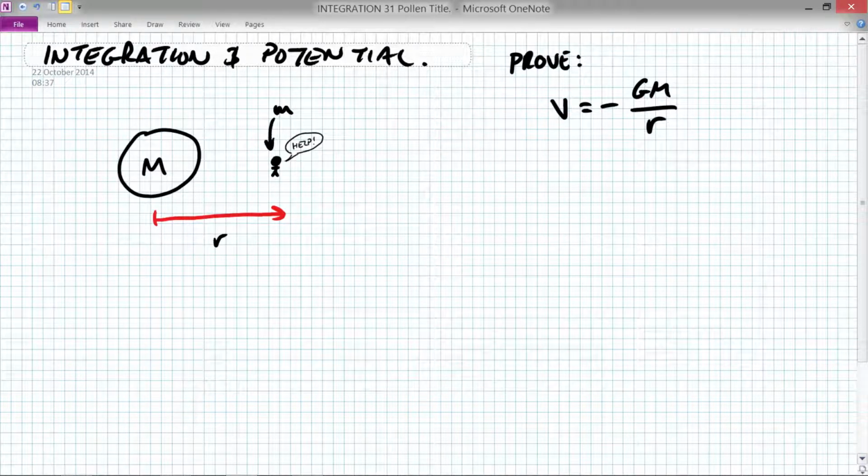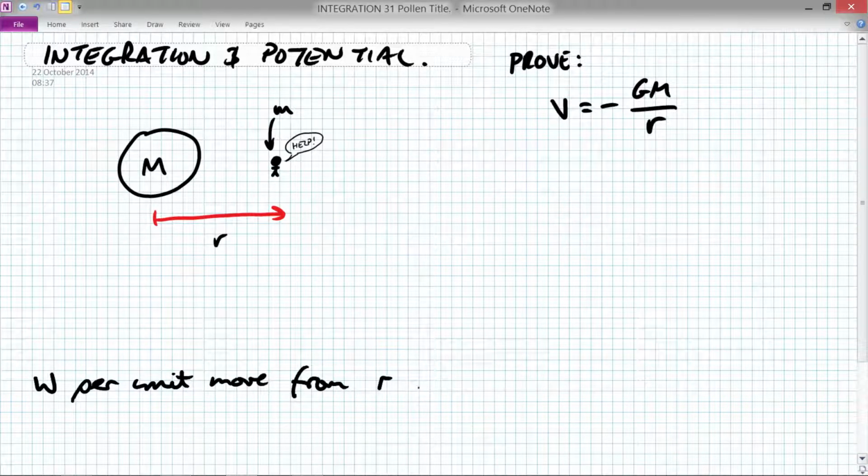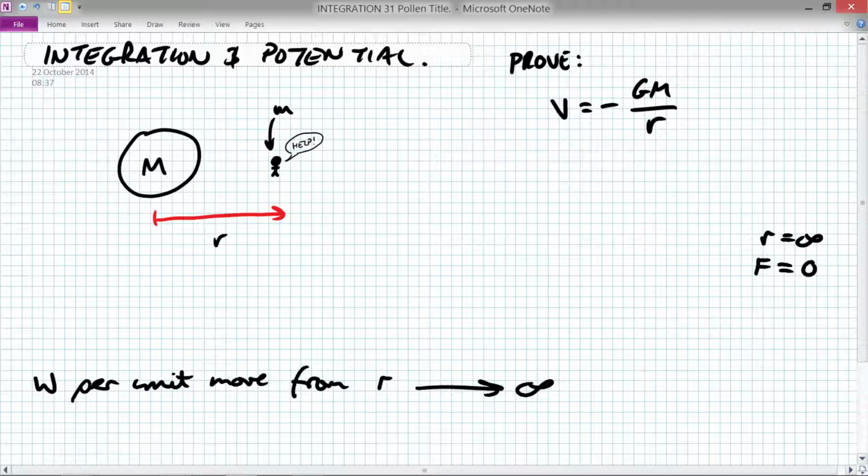But we said the definition of our potential is the work done per unit mass in order to move this guy from r away from the gravitational influence of this mass, which will mean moving him from that radius r to somewhere over here where r equals infinity, and therefore there is no force, and actually that means there's going to be no potential either, but we'll ignore that for a sec.